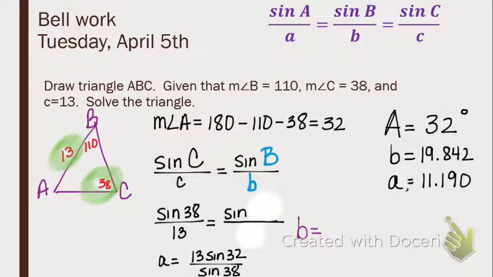So the sine of angle B, or angle B, is 110 degrees. So when I'm trying to find B, it's going to be 13 times the sine of 110 degrees over the sine of 38 degrees. And when you type that in your calculator, that's how you get 19.842.